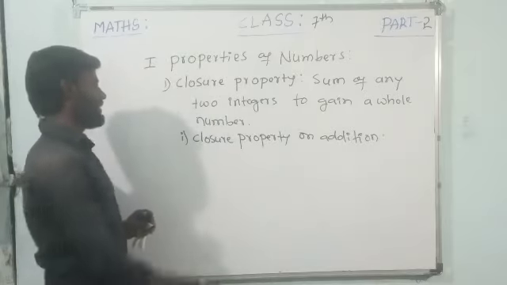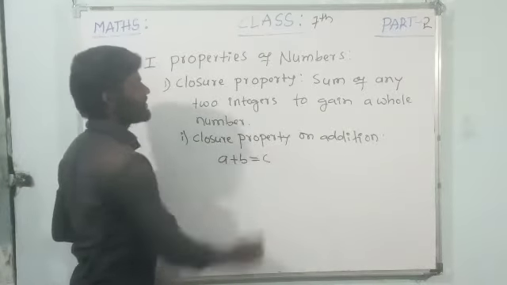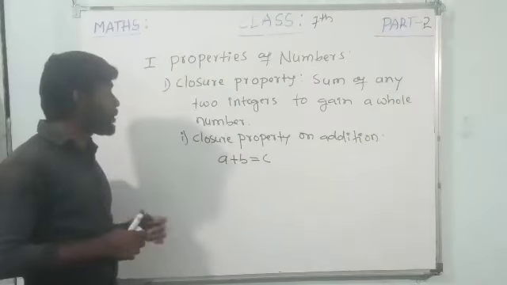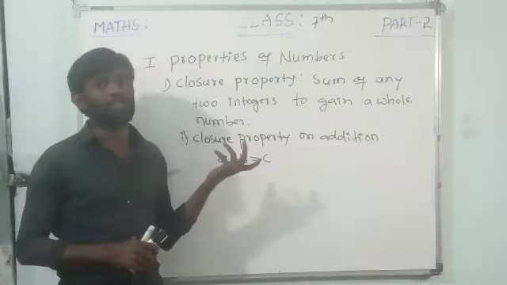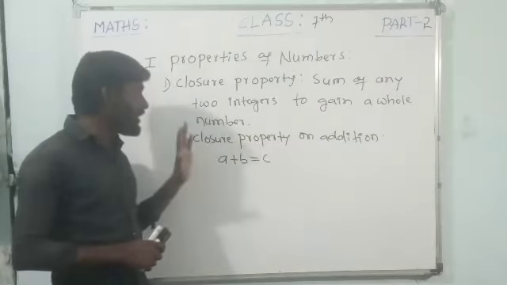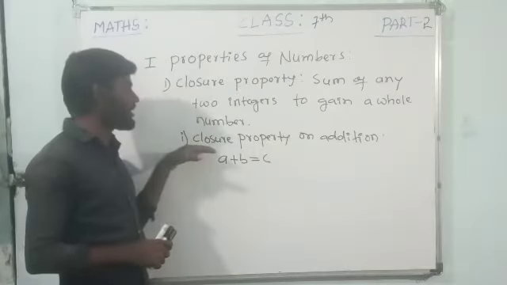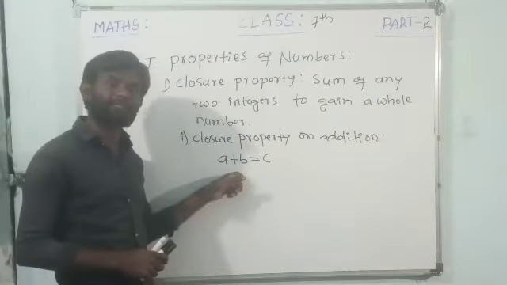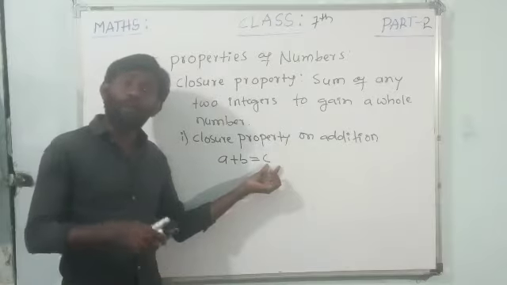Mathematically, a plus b is equal to c. See that definition. Sum of any two integers, it may be positive integer or it may be negative integer, gives a whole number.